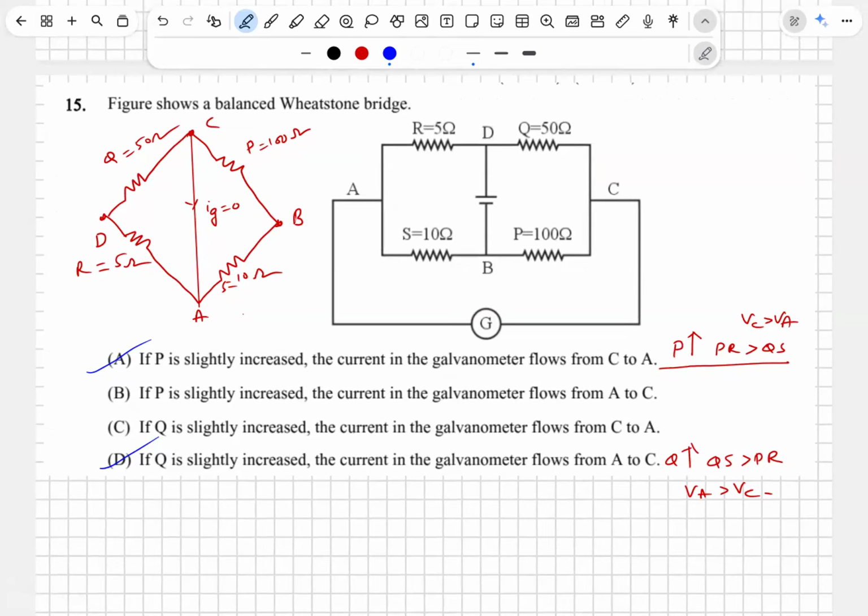You can always interchange the galvanometer with the battery, and the battery with the galvanometer, provided it is balanced. So therefore, what I have done, I have simply flipped the question. The left side part of the diagram is a flipped version of the actual circuit. Please confirm whether you understood this or not.